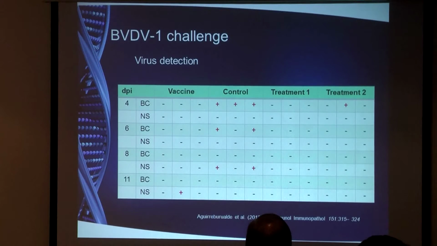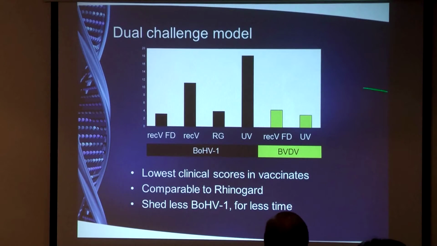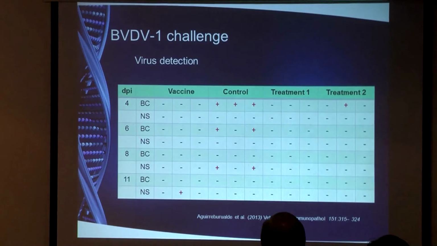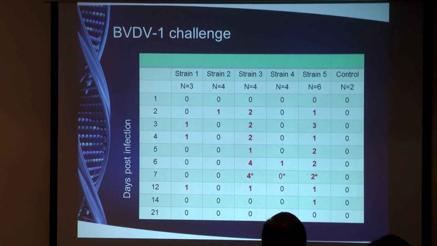And so we thought, well, is it an issue with the strain of BVDV? And perhaps in the animals that we used here, the strain that we'd used wasn't very efficient in infecting cattle. So late last year we conducted a trial whereby we took 5 strains of BVDV and infected cattle with them to see if we could identify a strain that would be more suitable for use in our vaccination trials.